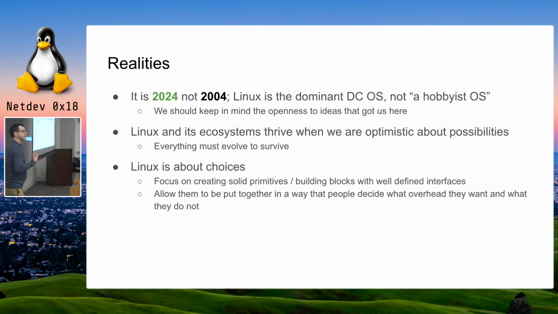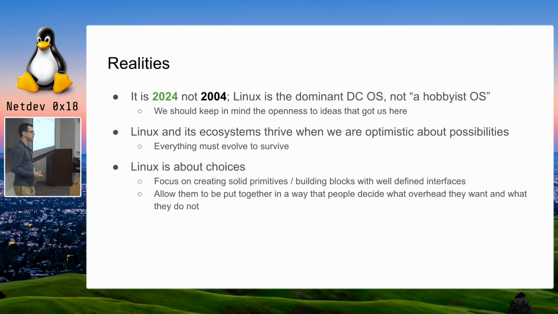Specifically, Linux and its ecosystems thrive when we're optimistic about possibilities. When we're optimistic about what some capability provides to a user or even developers and how they're trying to manage and survive their jobs, right? Everything has to evolve to survive, to maintain its relevance. And another one is Linux is about choices.